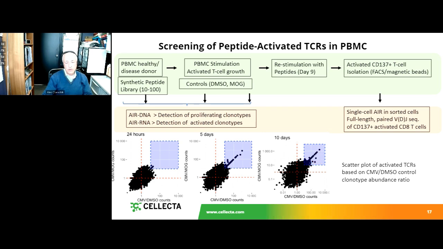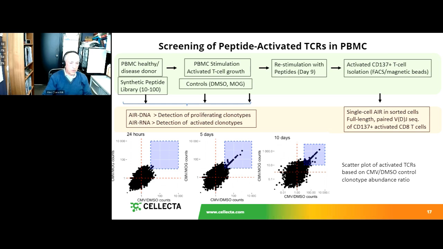Usually in this experiment, we do restimulation approximately 10 days or 2 weeks after primary stimulation, and then identify activated T cells by sorting, for example, in a 96-well plate, or using a single cell 10x Genomics assay.